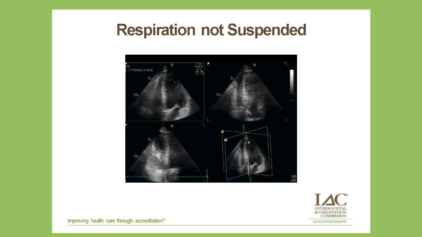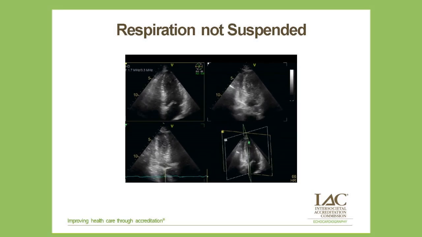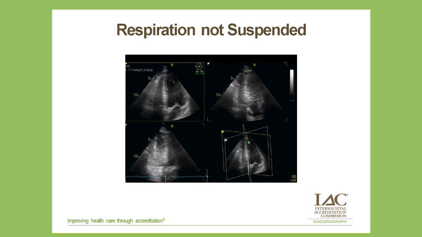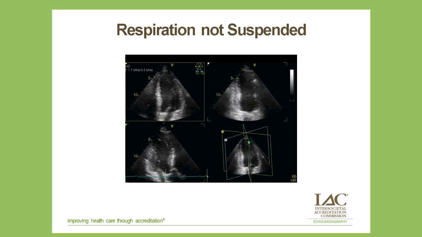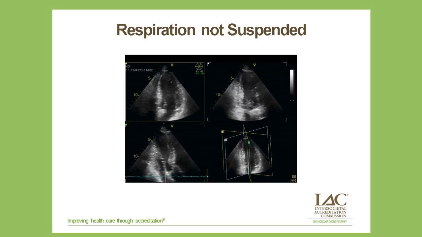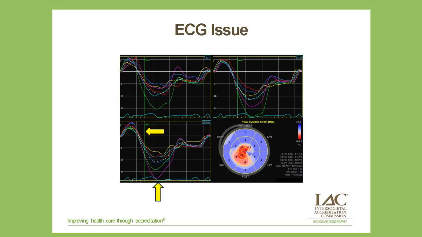So this is one that you would not want to use to do your strain calculation on. Another reason why, if your workflow is that you acquire your images and then send your patient on the way and not do the strain calculation while the patient's there, you would want to thoroughly examine your views, things like that, just to make sure that you have adequate views to apply the strain to.